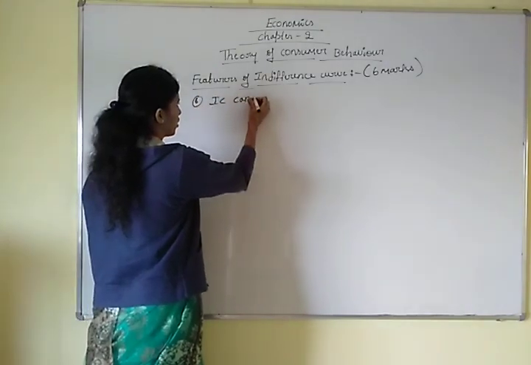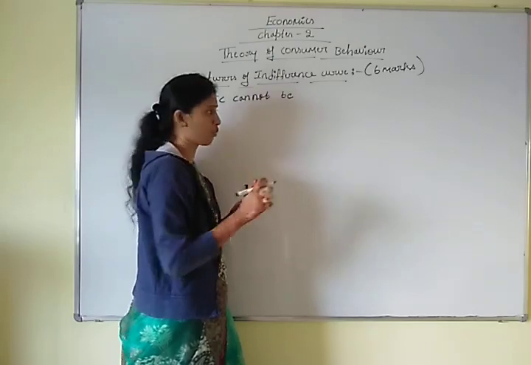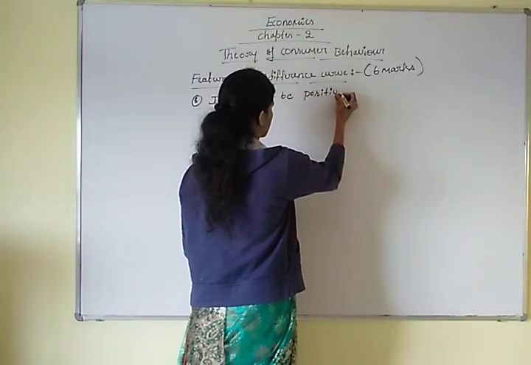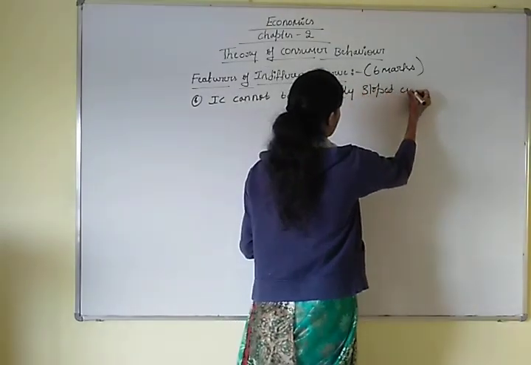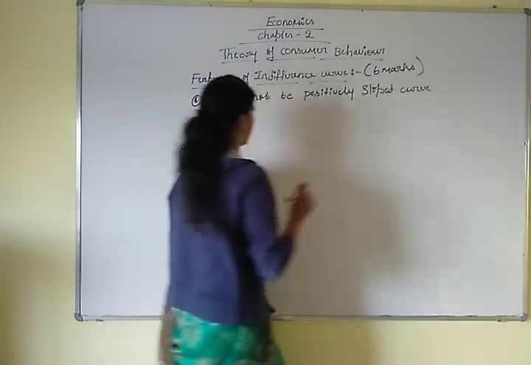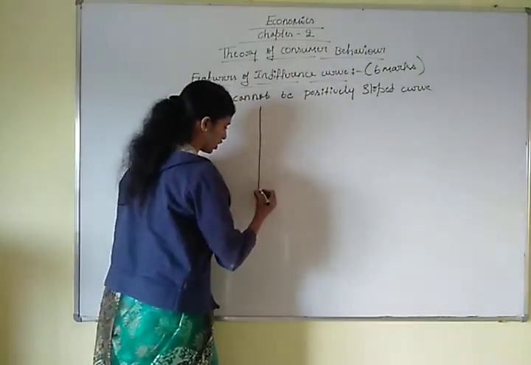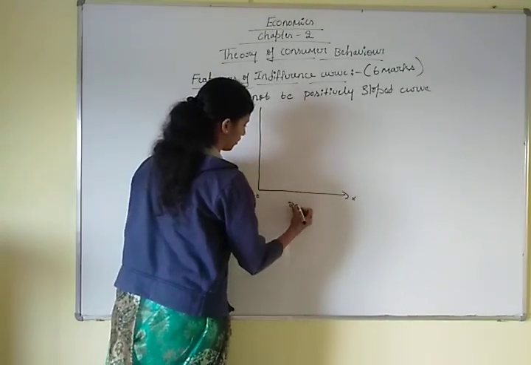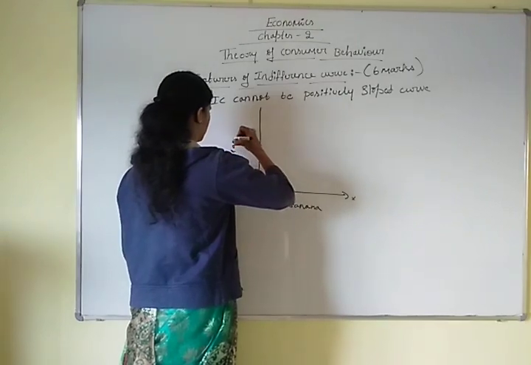The indifference curve cannot be a positively sloped curve. So the indifference curve cannot be a positively sloped curve. In the diagram, the x-axis represents banana and the y-axis represents mango.